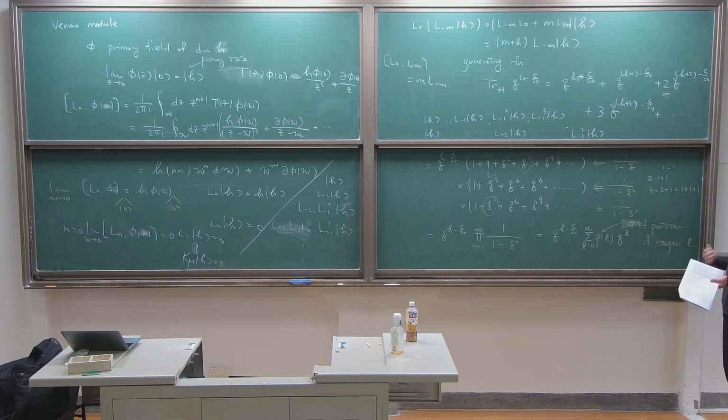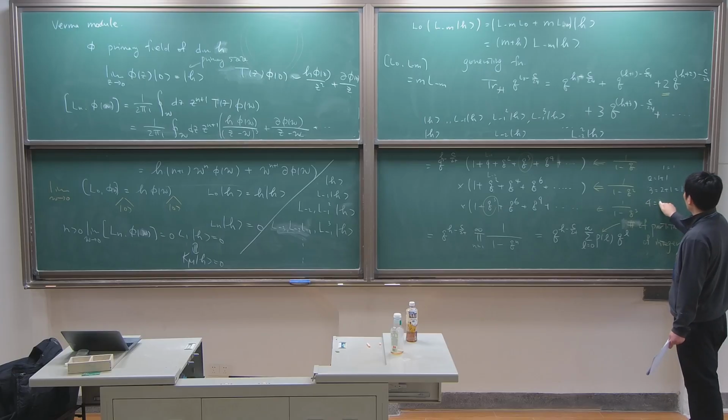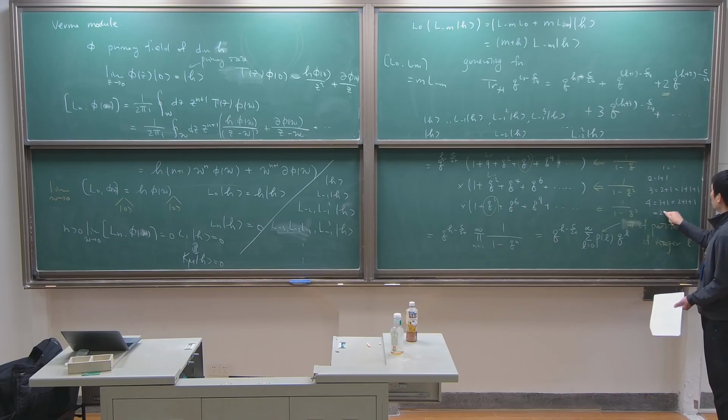Anyway, partition like this way. And then have a 4. 4 is 3 plus 1, or 2 plus 1 plus 1, or what else? 1 plus 1 plus 1 plus 1.